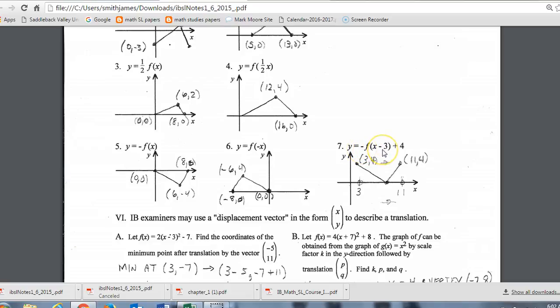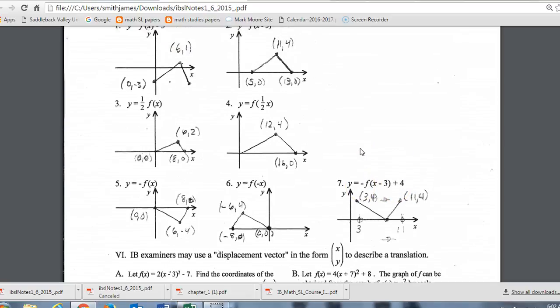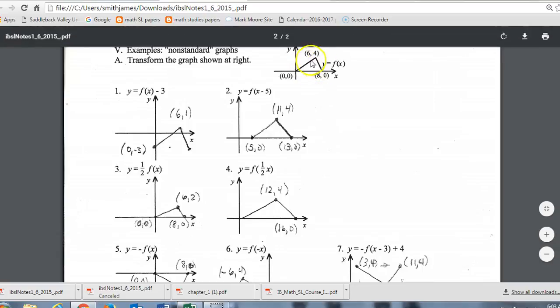But I want to show you something really quick. If I had done the +3 and the +4 first, then did this last, I would get a completely different shape. If I started by adding 3 and adding 4, and then doing this, watch what would have happened. If you look at the original function right here, if I would have added 3 to this and added 4 to this first, I would have had the point 9, 8.